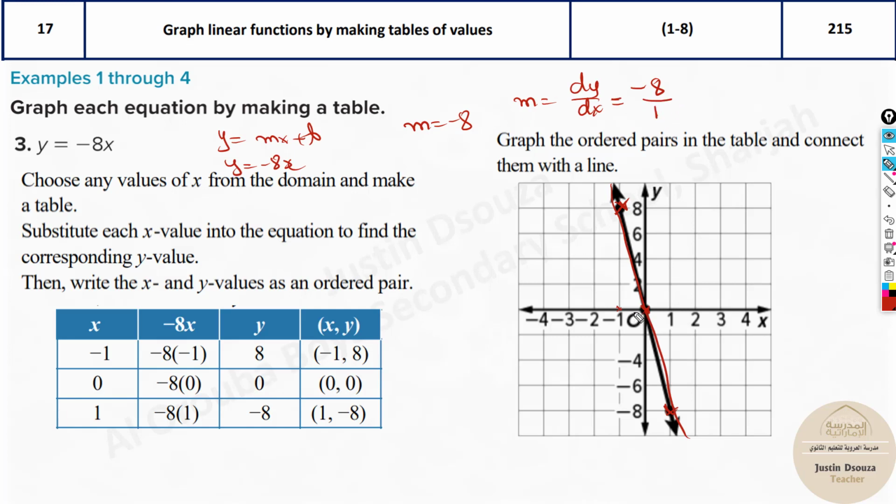So what it says is, for every 1 unit of x you go to the right, you have to go down by 8 units. Why? Because it's minus. If it was plus, it would be up. See this one, each unit of y is 2, so it's 2, 4, 6, 8. This is the answer. That's how we get it.